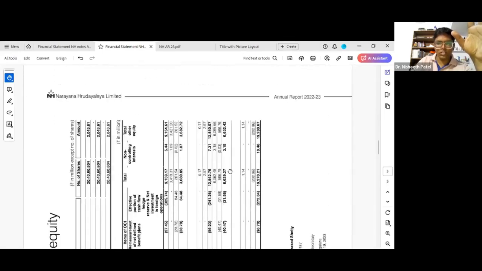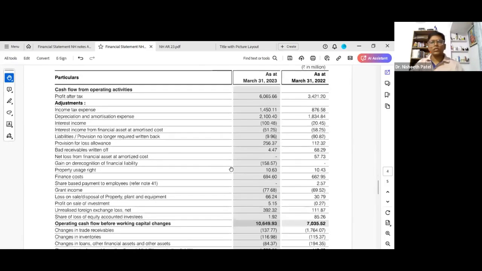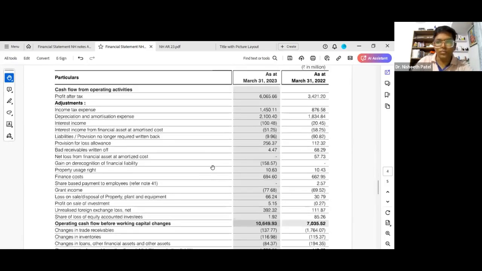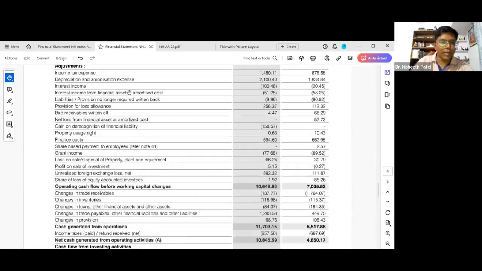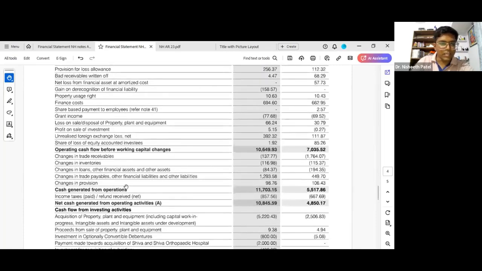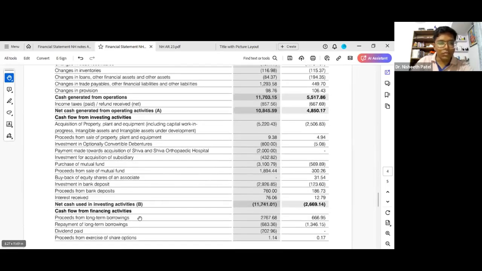This is the profit and loss statement. And this is the total cash flow, the cash flow statement. This is the cash from operating activities, operating cash flow before working capital changes. And after that comes the cash from investing activities and the cash from financing activities.